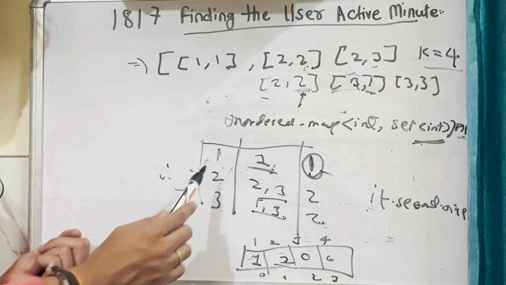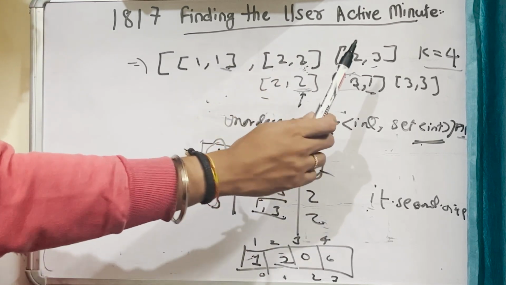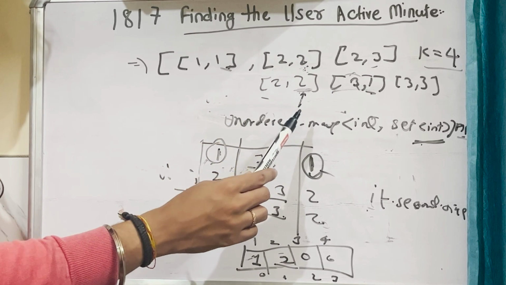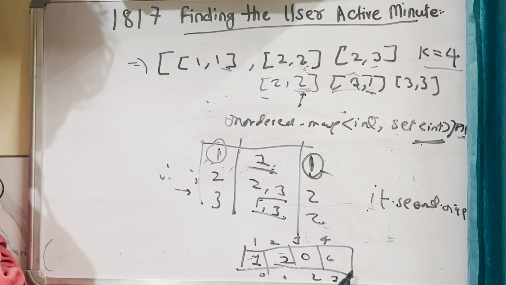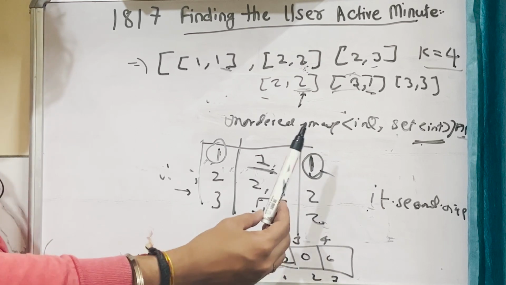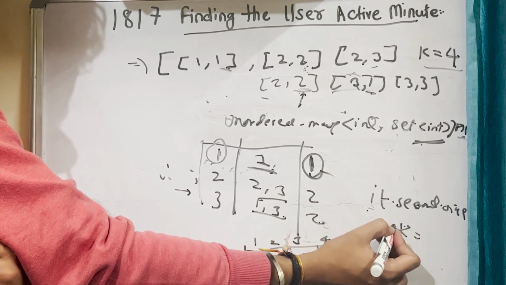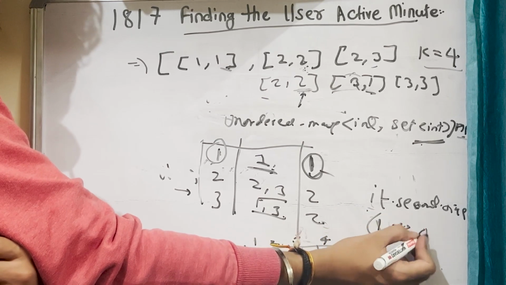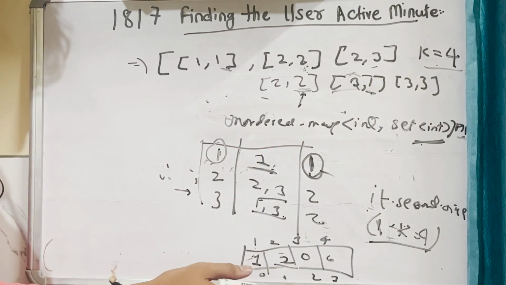In this question, you were asked, you have some users, you have some logs of these different users and the time that they are active, and you have to return the array, or you can say list, which has the count of users which are active at a time, and the time will be varying from 1 to k, from 1 to 4 in this case. Okay, as it is 1-based indexing. Sweet and simple, and you will return this vector.